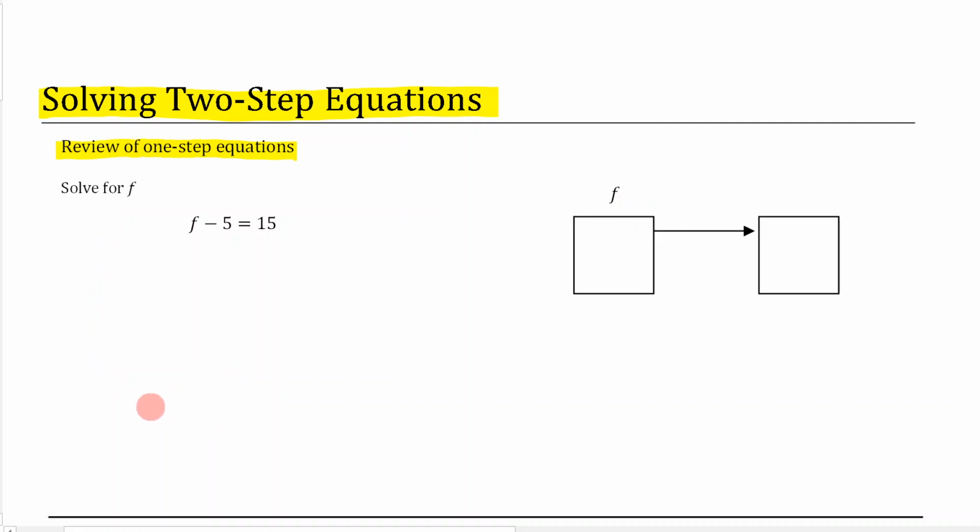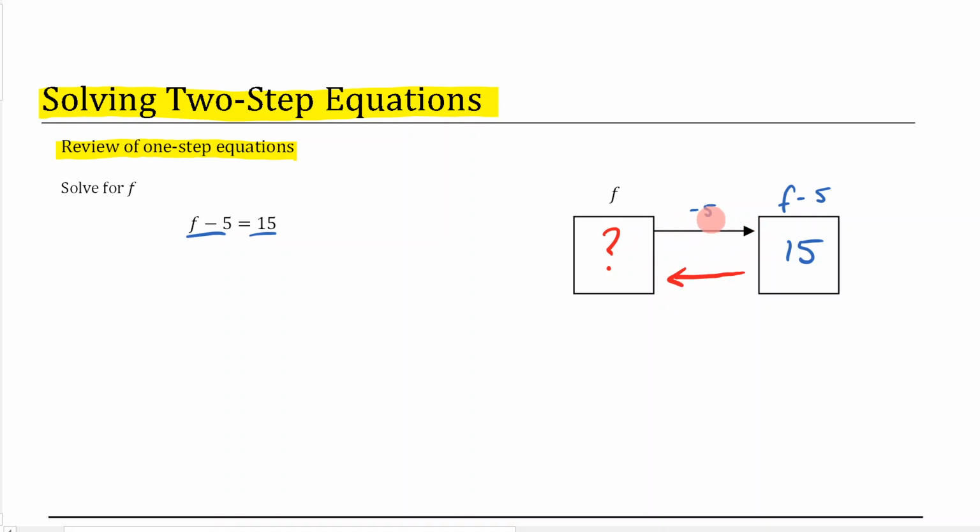So if we have a look at our equation, we have f minus 5 is equal to 15. So I'm taking this f and I'm minusing 5 from it. So I'm getting f minus 5. And I know that f minus 5 is equal to 15, so I can put a 15 in this box here. Now, if I want to figure out what f is equal to, I'm going to have to go backwards, which means I'm going to have to do the opposite operation of going this way.